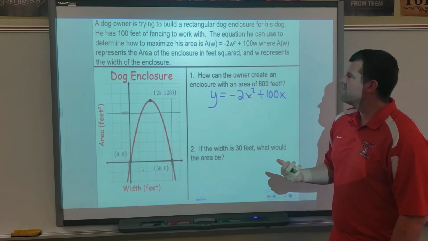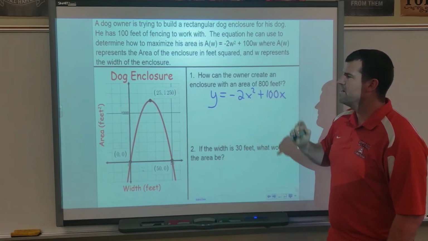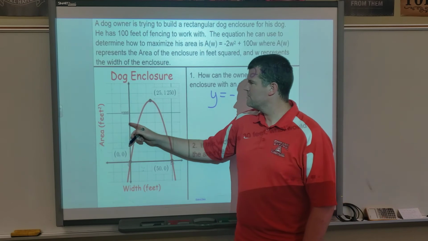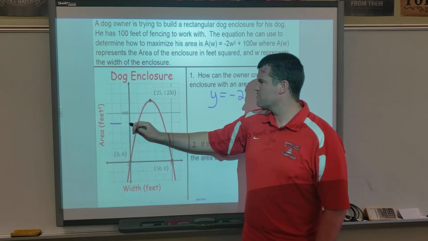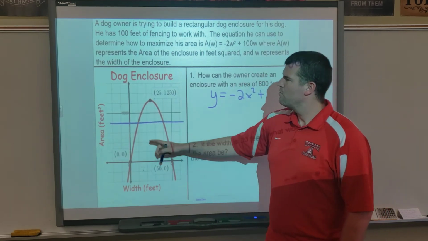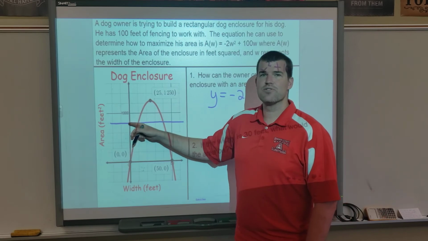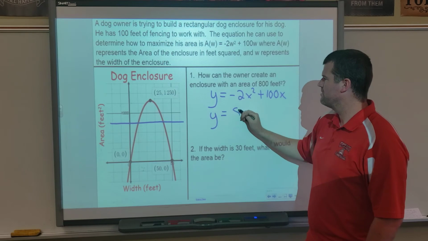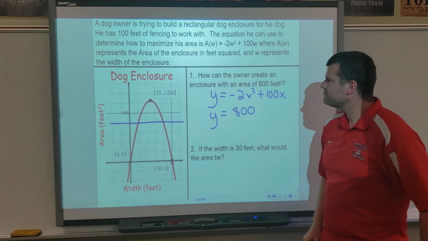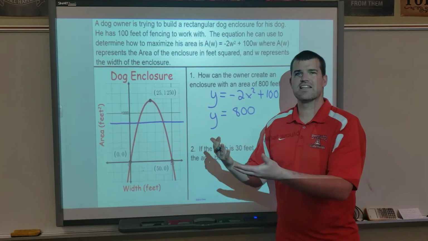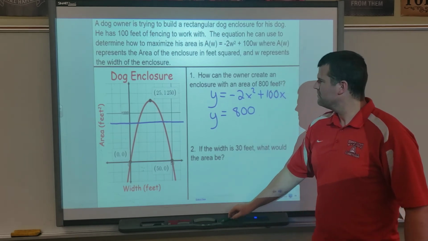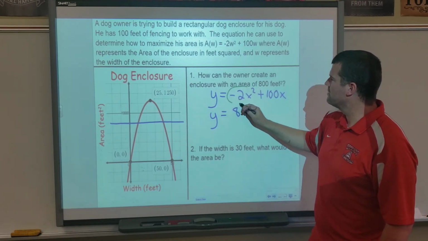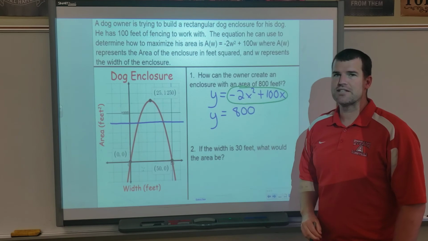I can do the same thing for the area of 800 feet squared. If I go to my area of 800 feet squared, which we said was right here, well, that's a horizontal line going through the y-axis. So that's the equation y equals 800. So how do I take this and get solutions? Well, you might remember from IM1, we had what we called substitution.